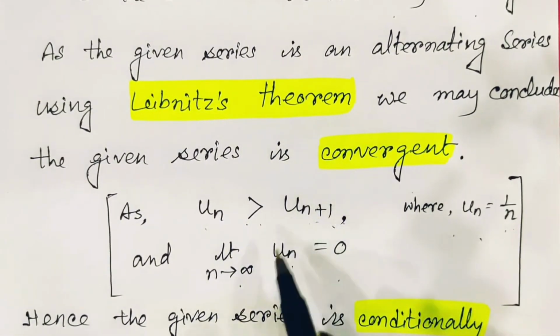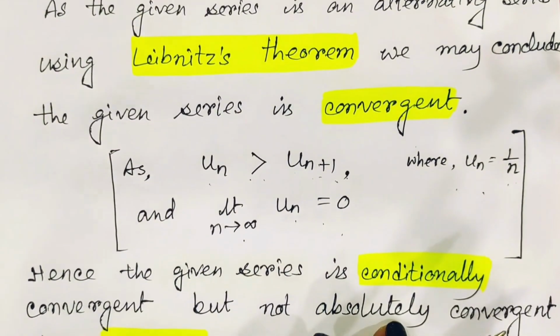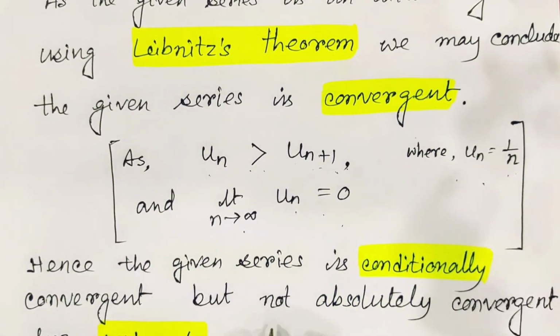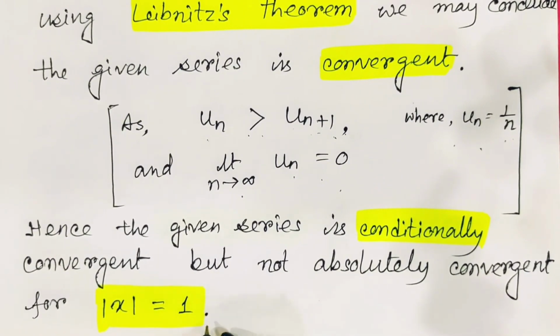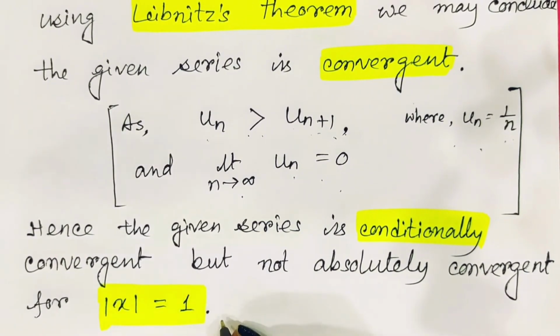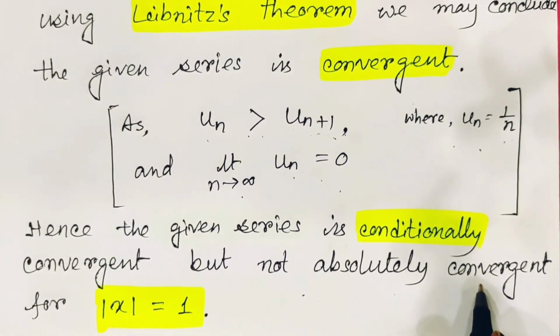So both conditions of the Leibniz theorem are satisfied. Hence we can say the given series is conditionally convergent but not absolutely convergent for mod x equals 1.